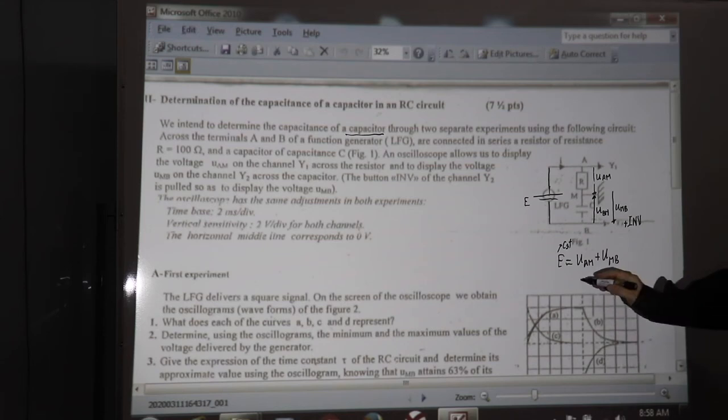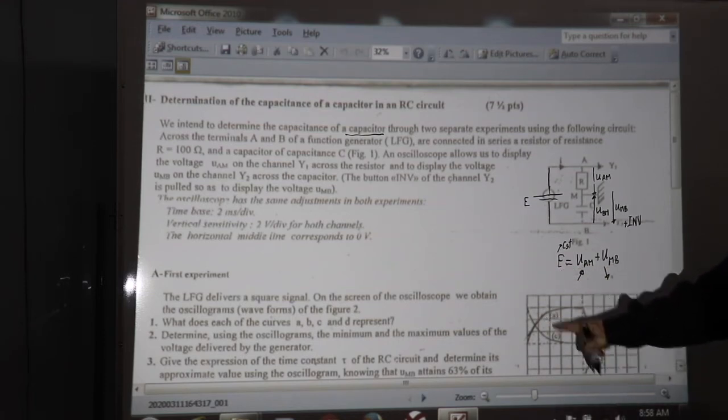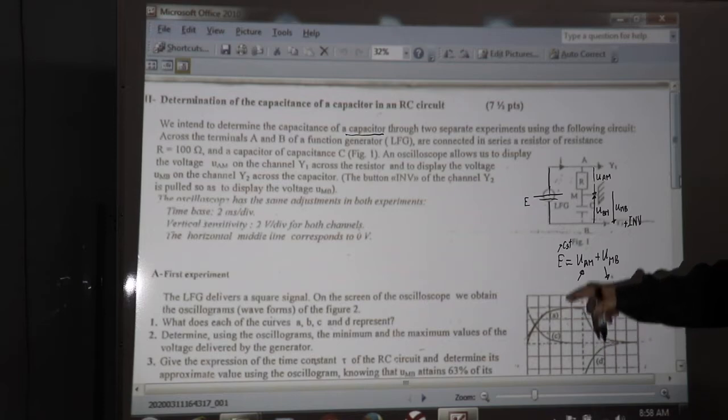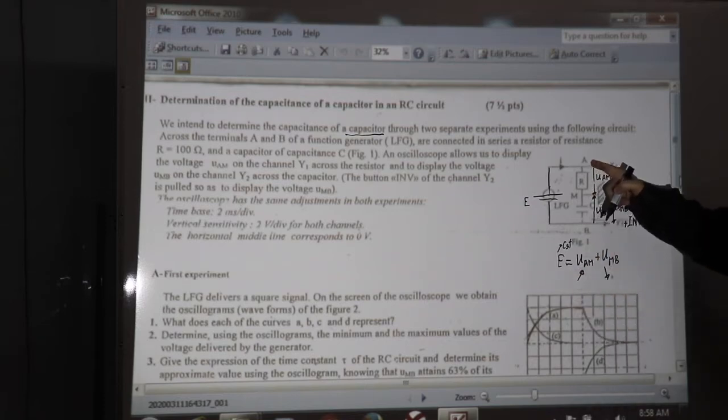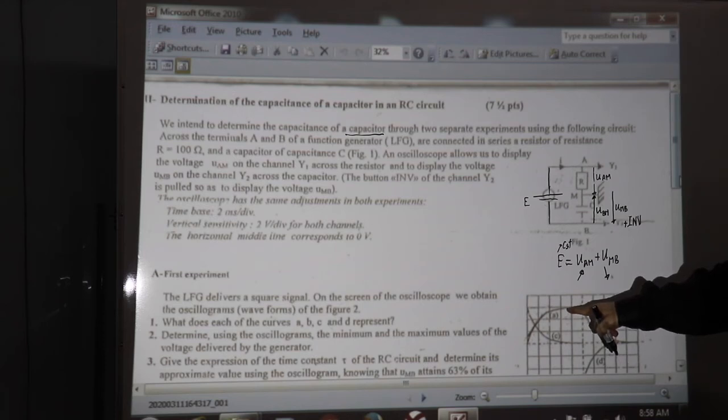So as UMB increases, UAM decreases by the same value, so that their sum stays constant. So we deduce that A with C represents respectively the voltage UMB of the capacitor and the voltage UAM of the resistor.